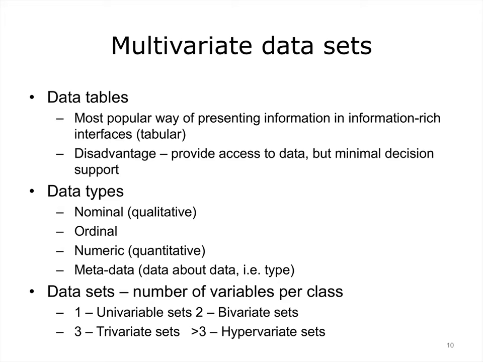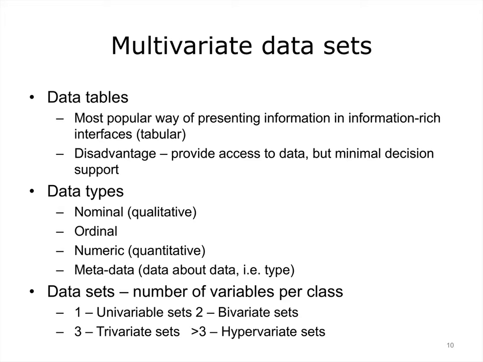Ordinal data presupposes some order to it, for example, age categories, 18 to 20, 21 to 35, etc. Numeric data is any data that has a numeric value, for example, age of individuals. Finally, metadata is data about data, for example, its type.